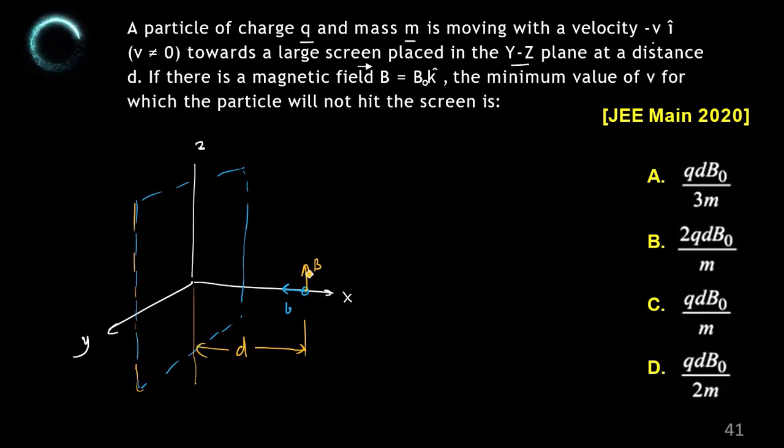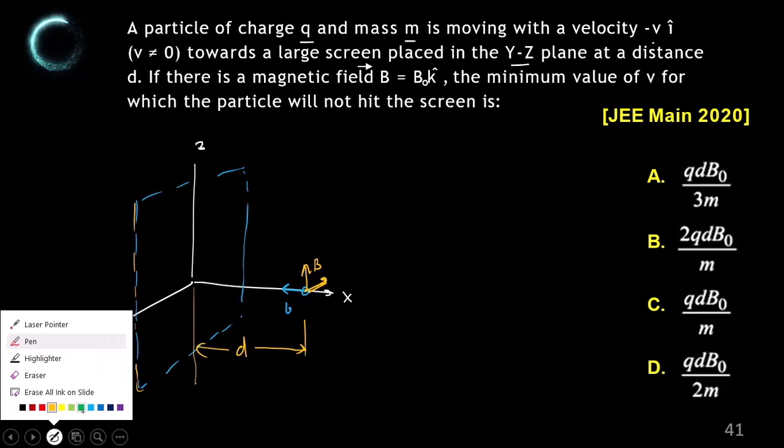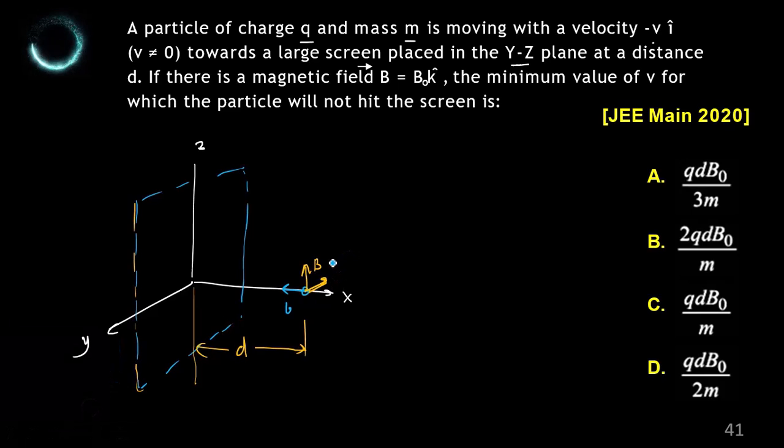V cross B means the force will be in this direction, so the center of the circle will be somewhere over here. The particle will deviate like this, so there is a circle that the particle will try to make. This is the circle. Got it?